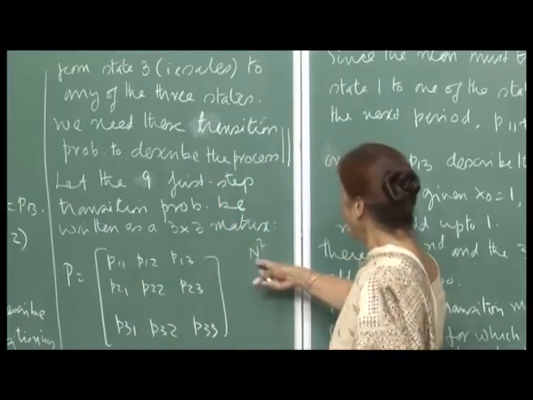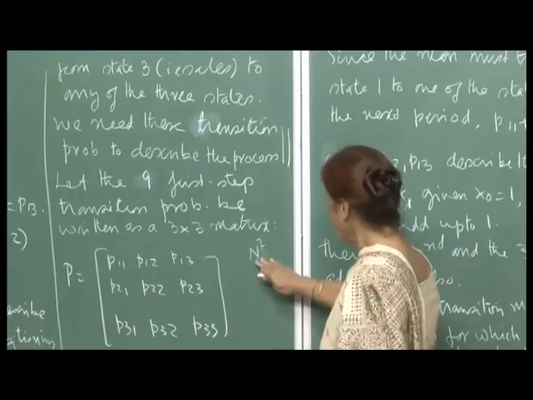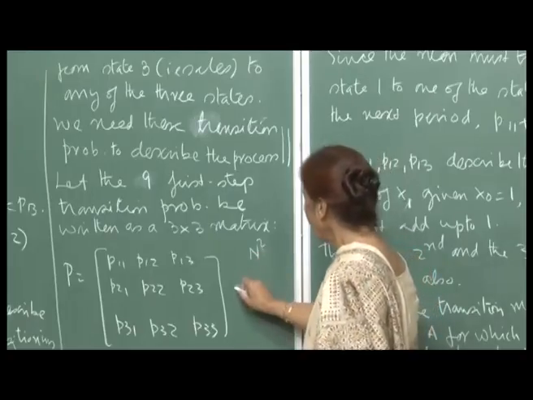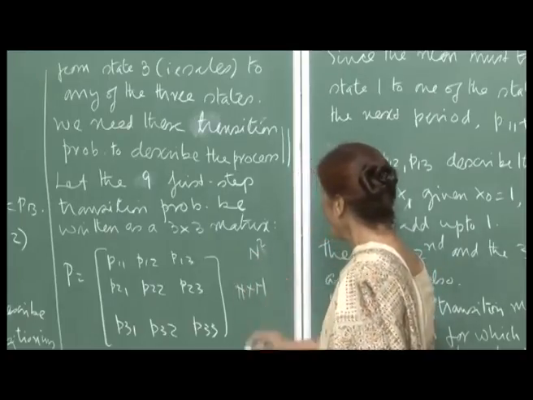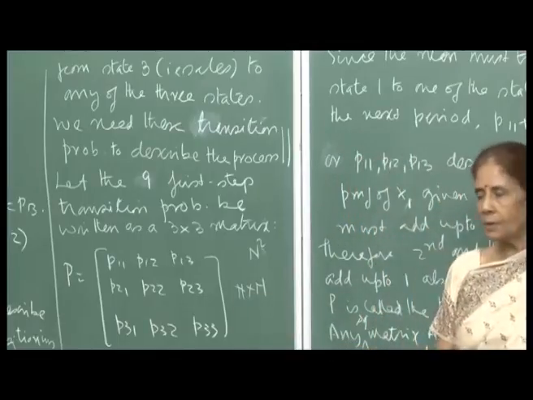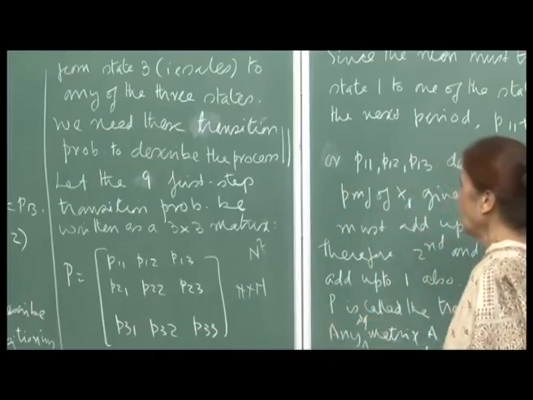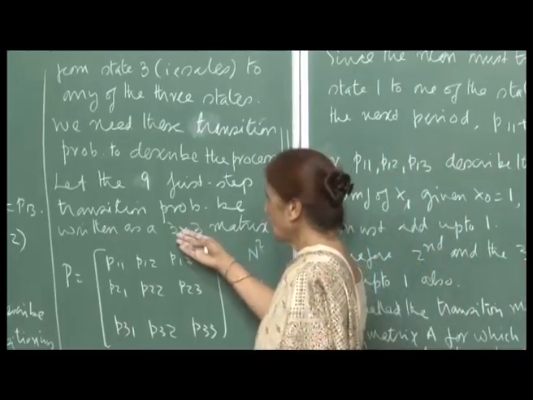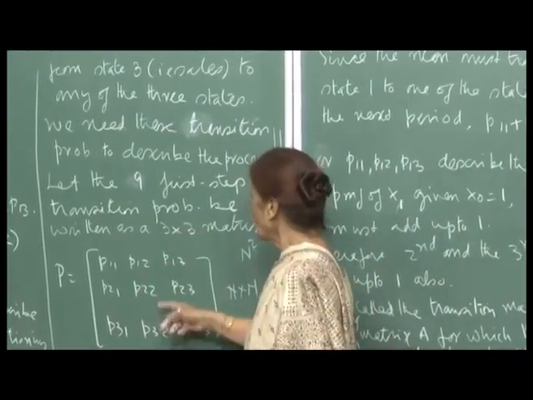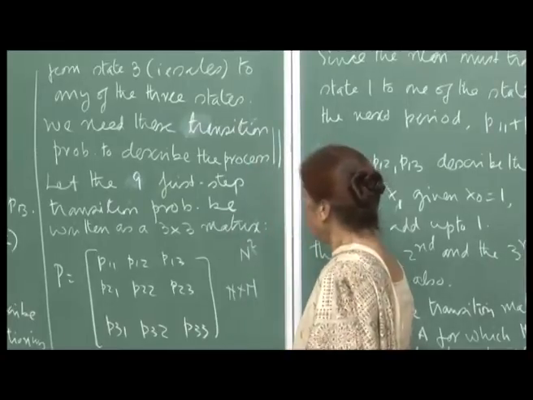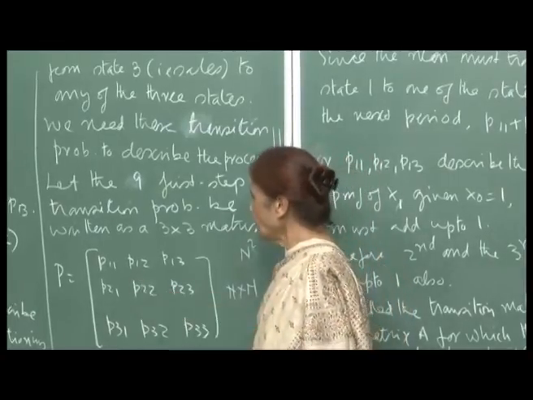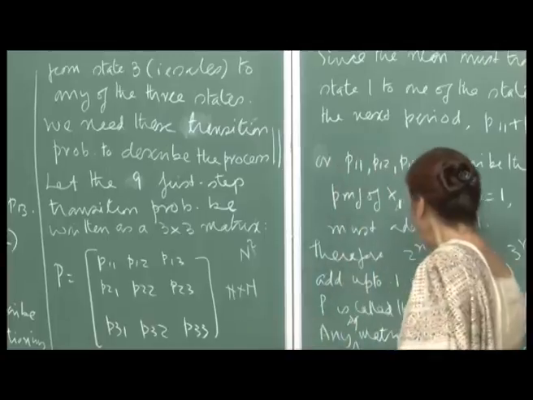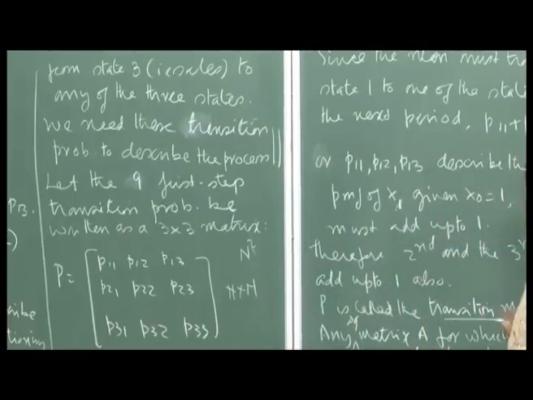If you have N states that this system can occupy, then it will be an N cross N matrix in which you can record all these transition probabilities. Here, since we have 3 states, I can record all the 9 first step transition probabilities in a 3 by 3 matrix. So P will be called the transition matrix.